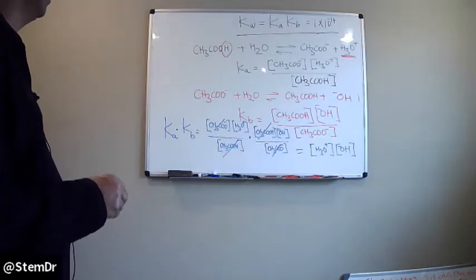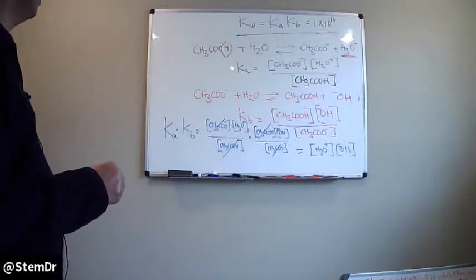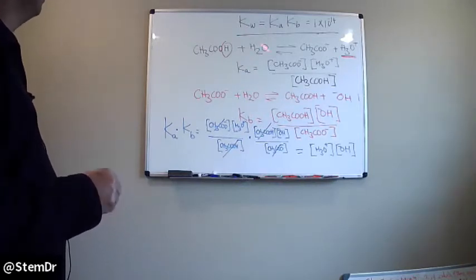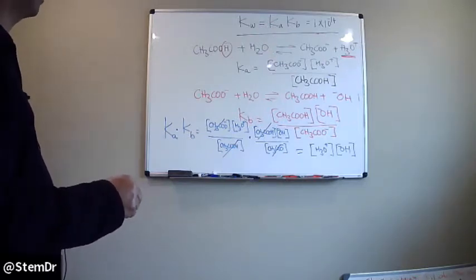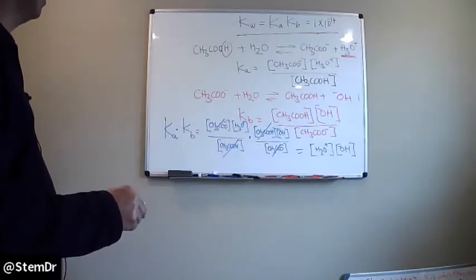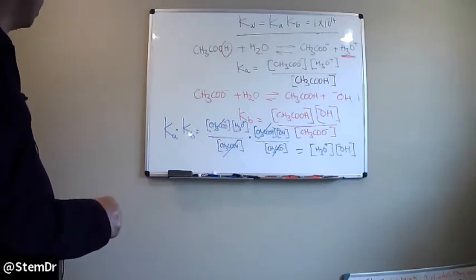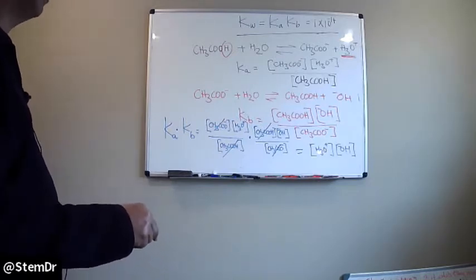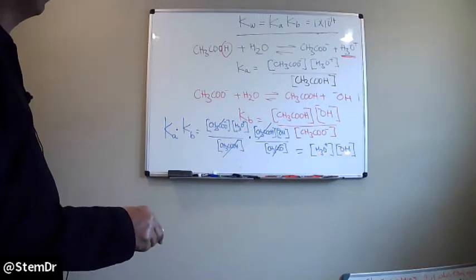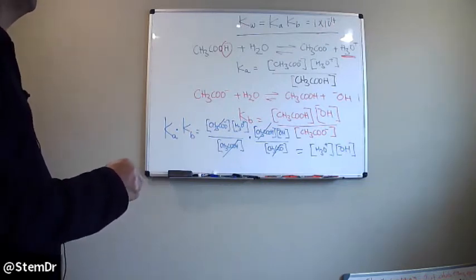If you are familiar with how to write these two equations, Ka and Kb, and you take the product of Ka and Kb, the product of the two is actually constant, which gives you the hydronium ion concentration times the OH minus, which we have already previously introduced to be constant, 1 times 10 to the minus 14, which is Kw, the constant of water.